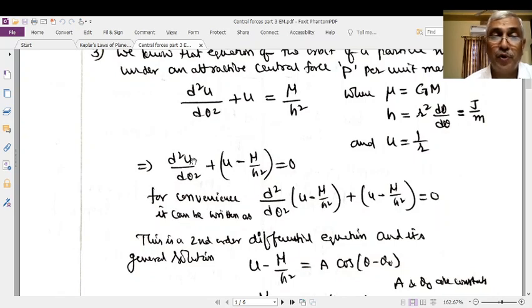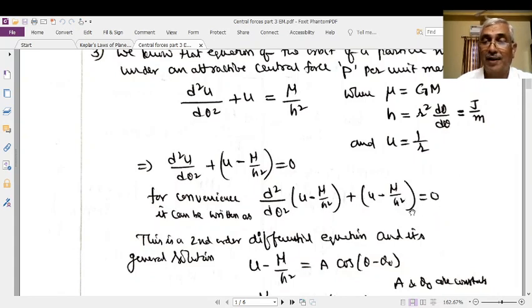After differentiation, the differentiation of the constant is 0, so nothing will happen. Therefore, for orderliness, in the differentiation along with this variable u, I kept here minus mu by h square. Now the equation conveniently becomes d square by d theta square of u minus mu by h square plus u minus mu by h square is equal to 0.